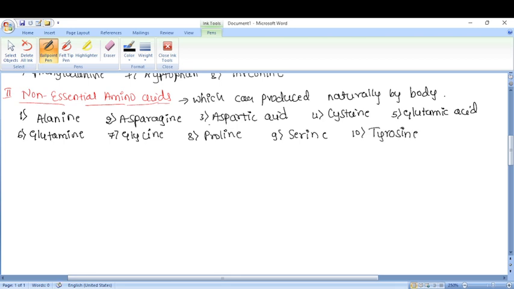These all are non-essential amino acids: alanine, asparagine, aspartic acid, cysteine, glutamic acid, glutamine, glycine, proline, serine, and tyrosine.